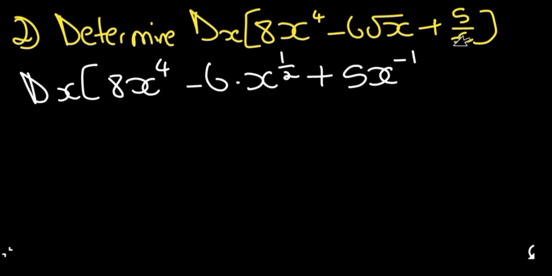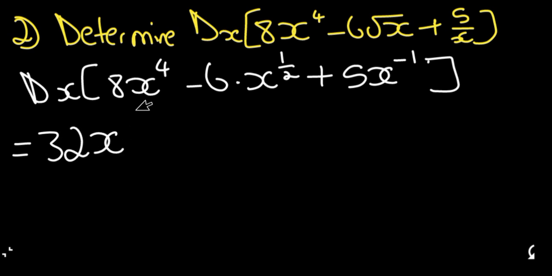When you take the denominator into the numerator, it's always going to be to the power of negative 1. So let us differentiate, because everything is in exponential form. It's going to be 4 times 8, so 4 times 8 is 32.